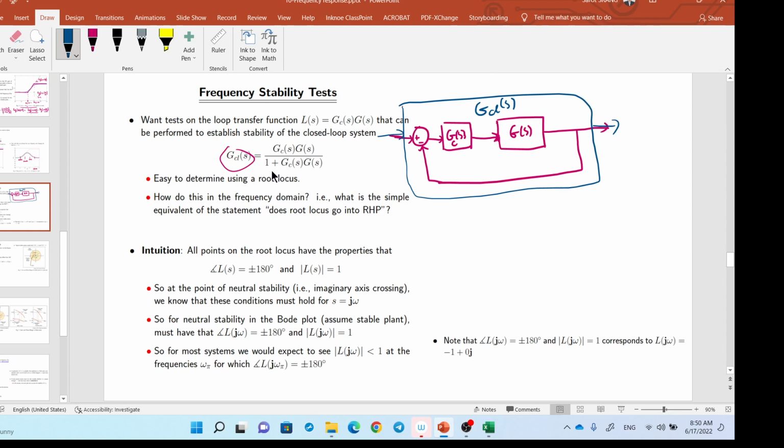Then the denominator of the closed loop transfer function is used to find poles, and we call it the characteristic equation. When you set this denominator to zero, you call it the characteristic equation.